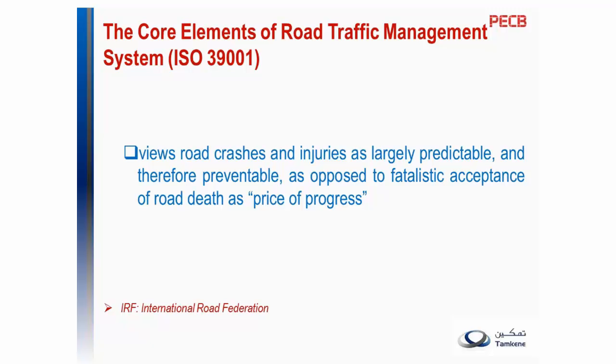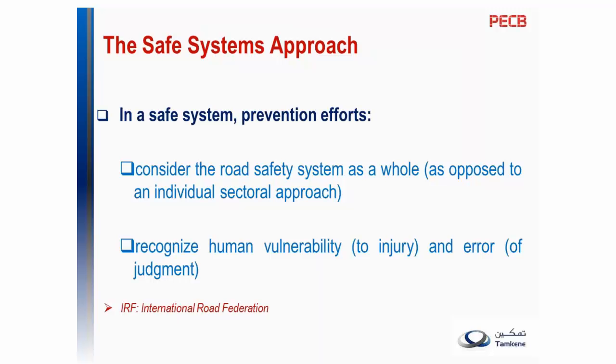So this road traffic management system will help to reduce human factors, so to speak. In the safe system approach, we are considering the prevention effort as a whole compared to the individual sector approach, and it will also recognize the vulnerability to human injury or errors of judgment.